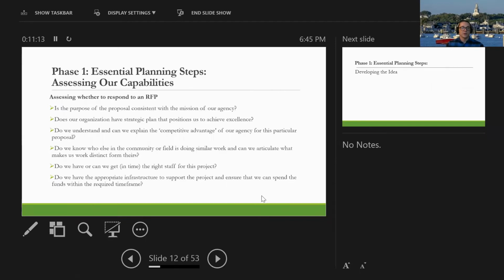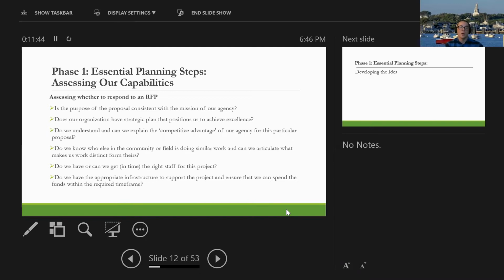And so again, assessing whether you should respond to an RFP, I'm going to fly through this a little bit. Is the purpose of the proposal consistent? Does your organization have a strategic plan that's important, that positions us, when I use the first person here, I'm referring to me and you, the audience, to achieve excellence? Do we understand and can we explain the competitive advantage of our agency for this particular proposal?